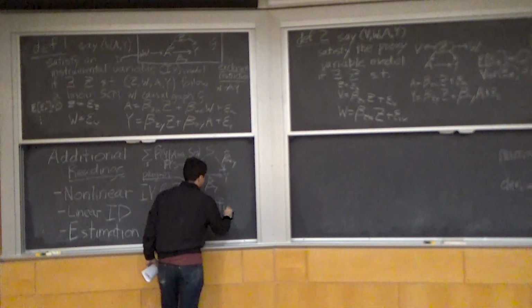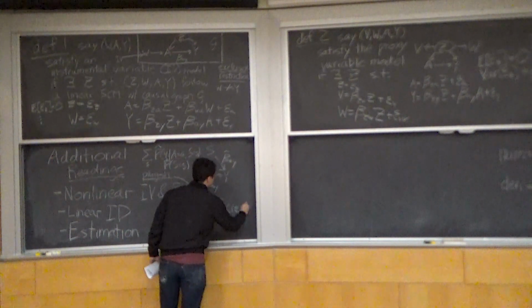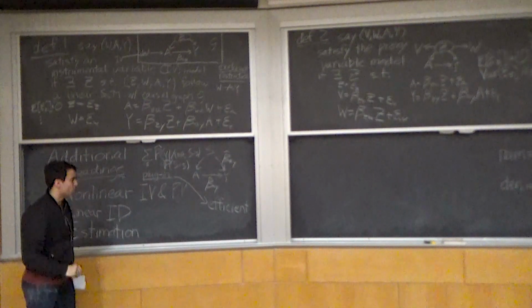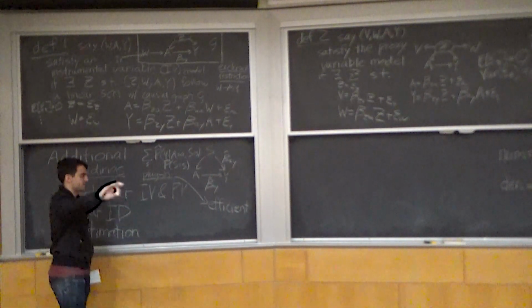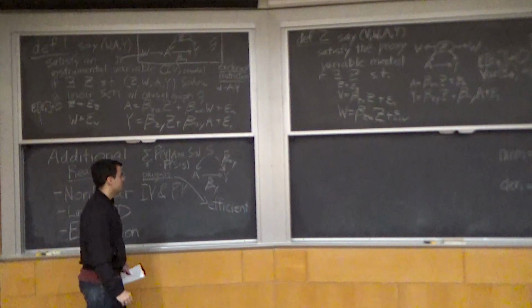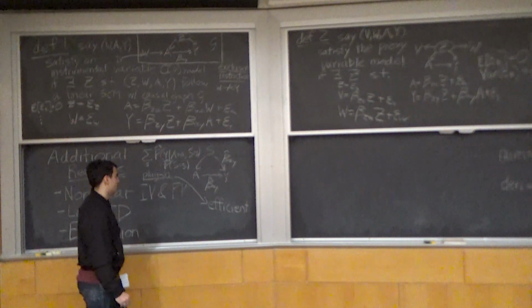So this means that it is going to have lower variance, at least asymptotically, as the sample size goes to infinity, than any other estimator.